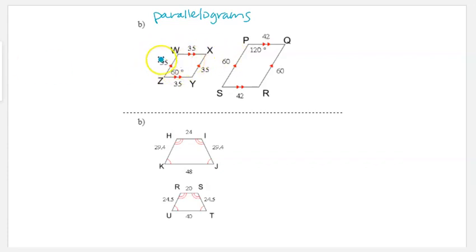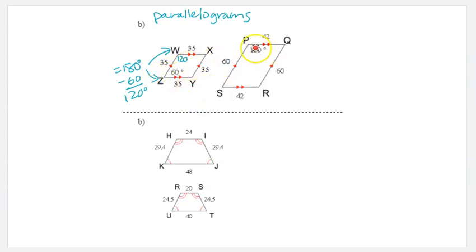But I know in a parallelogram that the sides that are consecutive to each other, like W and Z, those add up to 180 degrees. So if I take 180 minus 60, I get left with 120. So I have a 120 degree angle there.